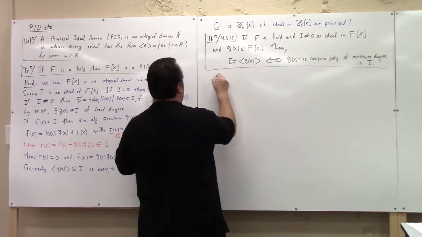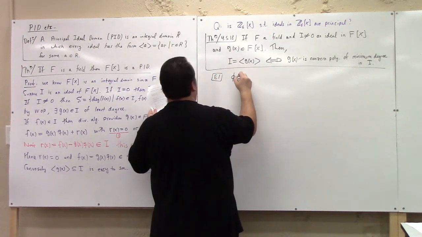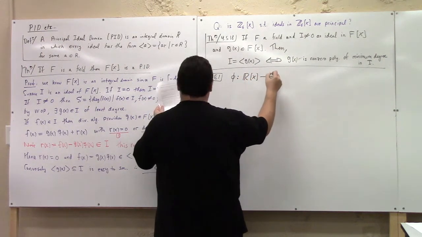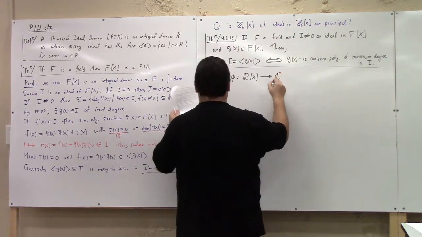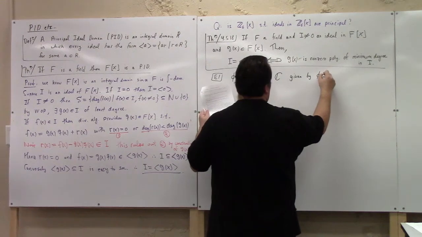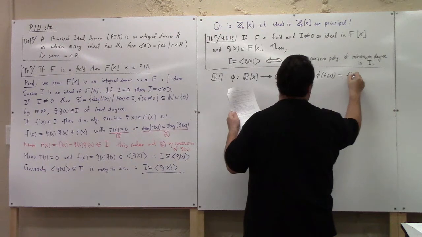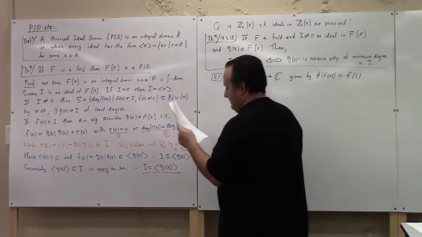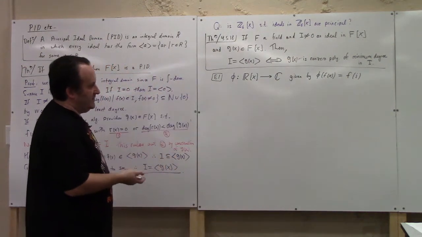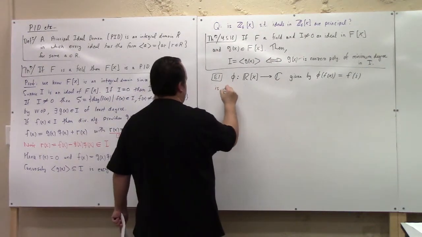Example. So if we look at the mapping phi from real polynomials to the complex numbers given by phi of f of x equal to f of i, you can prove that this is a ring homomorphism.